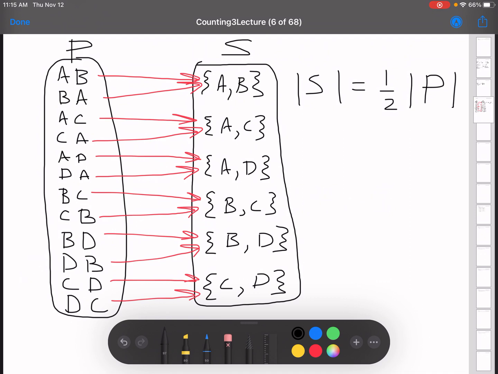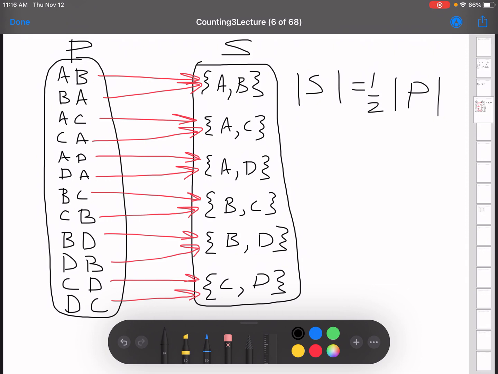It's really because each one of the things in S has 2 things in P coming over to it. Okay, now another way we could write that, let's just say that's 1/2 the cardinality of P.